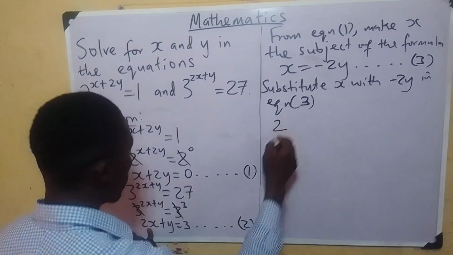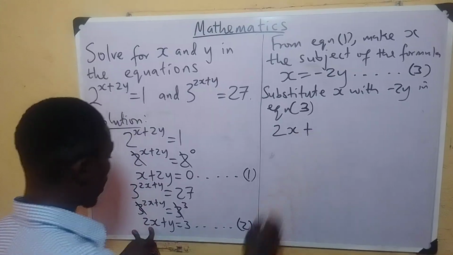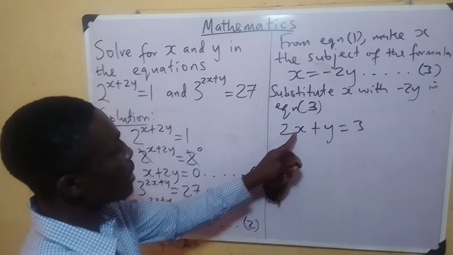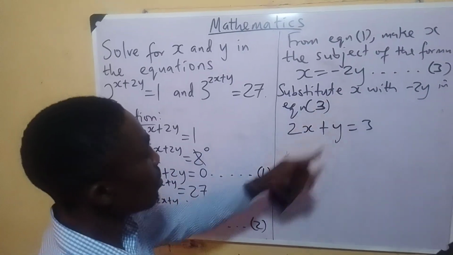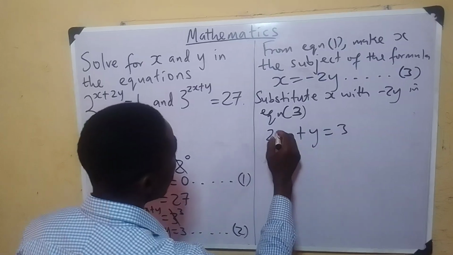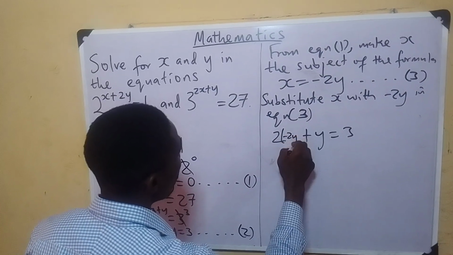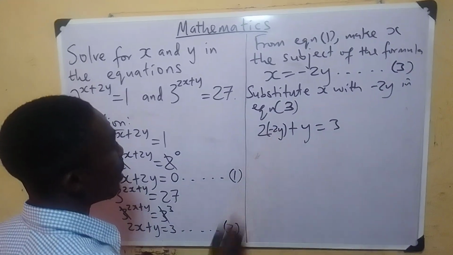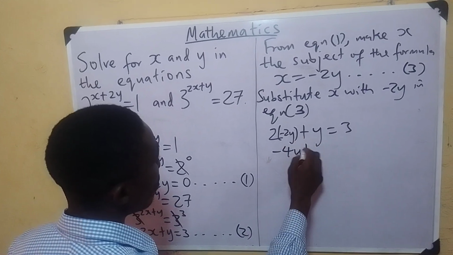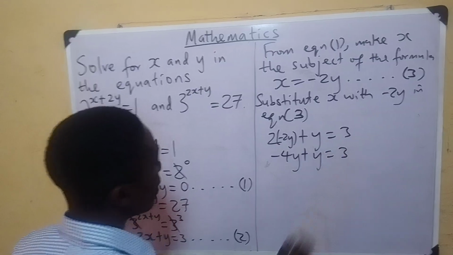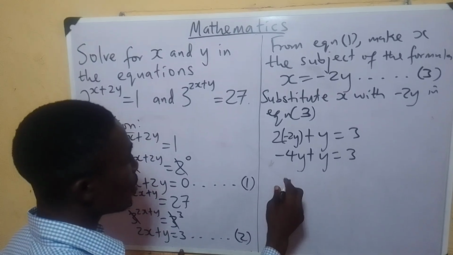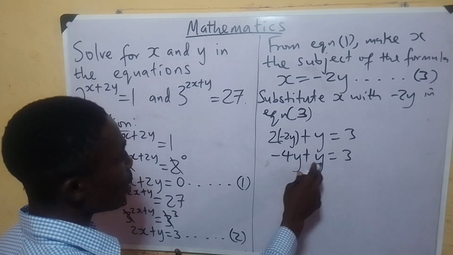Now here we have 2x plus y equals 3. So if we replace that x with minus 2y, since x is equal to minus 2y, we have 2 times minus 2y, which gives us minus 4y, then plus y equals 3.